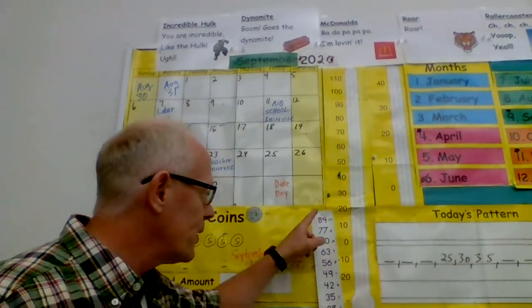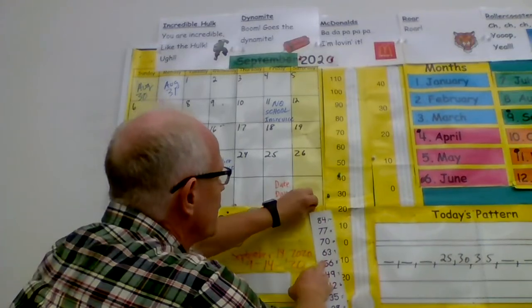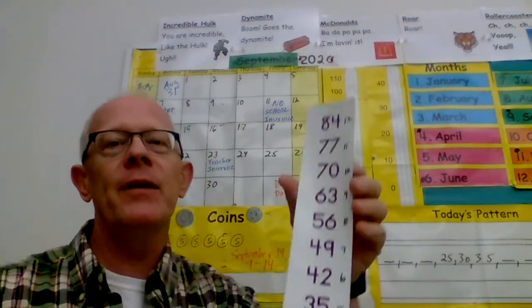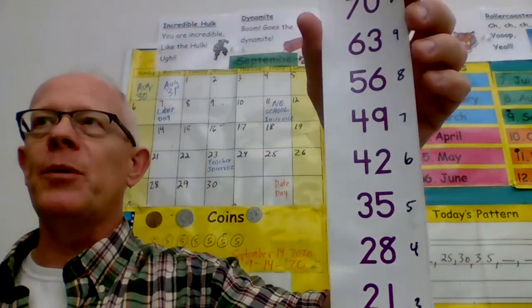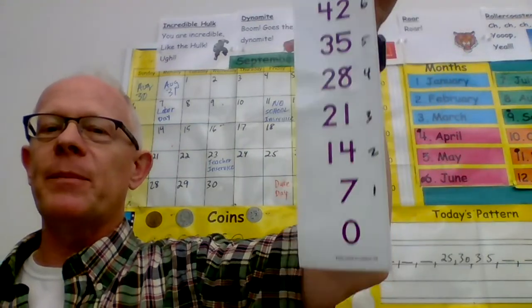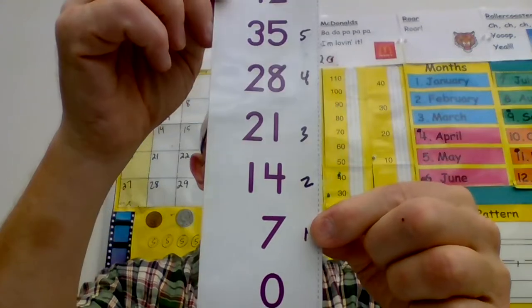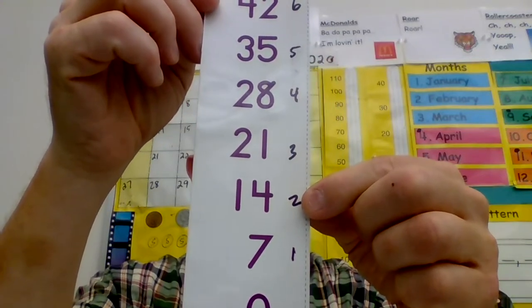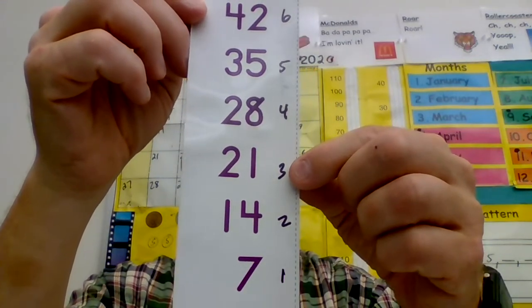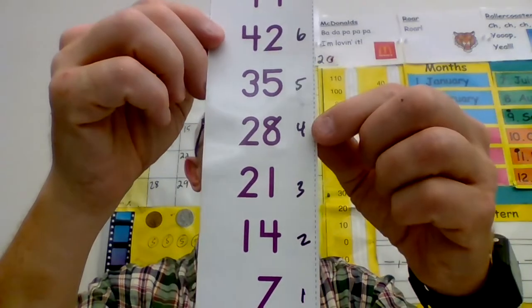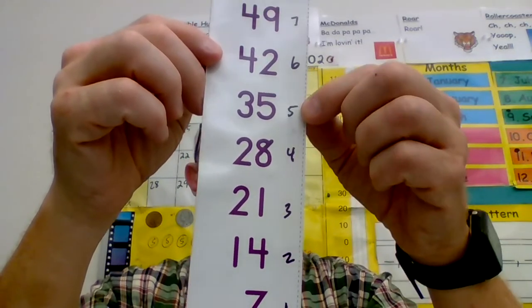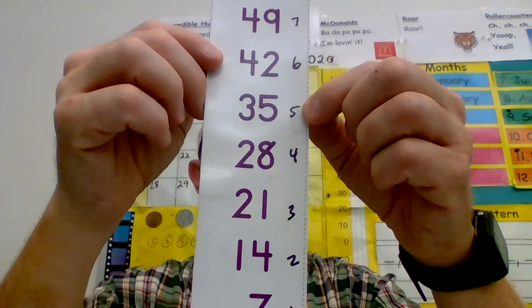And if you remember, I have this little strip of paper up here, and these tell you the multiples of 7, starting at the bottom here. So basically, 1 times 7 is 7, 2 times 7 is 14, 3 times 7 is 21, 4 times 7 is 28, and 5 times 7 is 35.